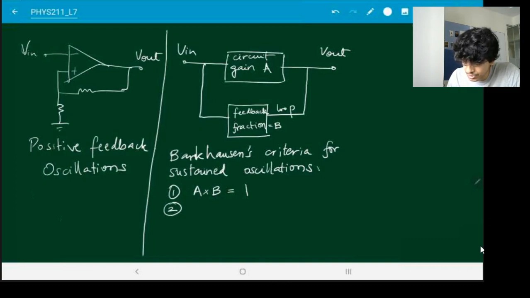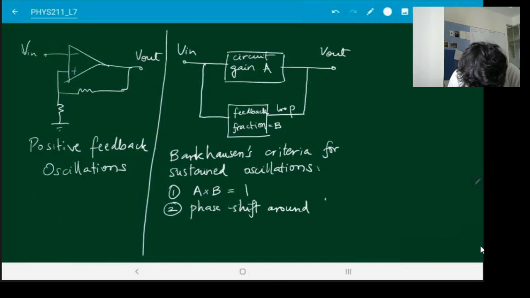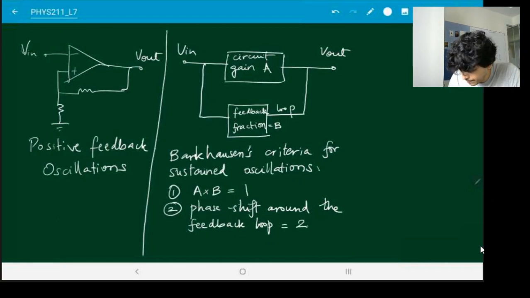The second condition says that if we are talking about AC signals, then the phase shift around the feedback loop should be some integer multiple of 2 pi.